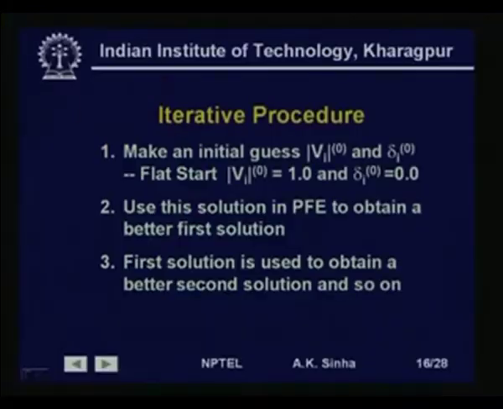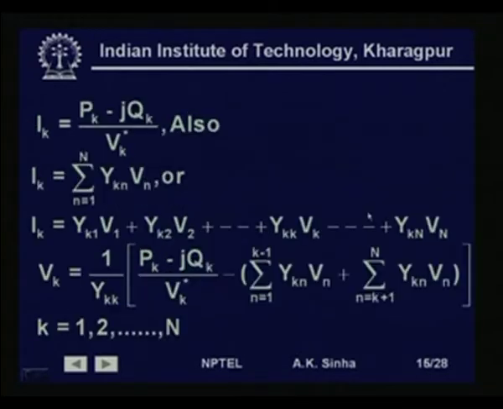So, with this, use this solution in the power flow equation to obtain a better first solution. That is, what we can do is substitute that value of V magnitude and delta angle for all these buses, and we know this Pk, Qk, and this Vk will also be the guess value.